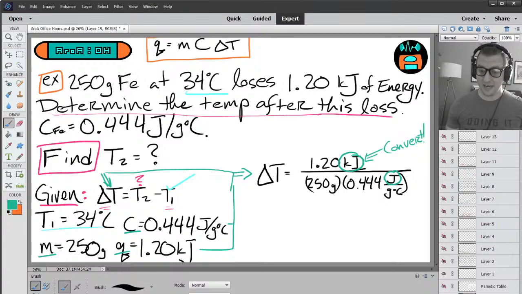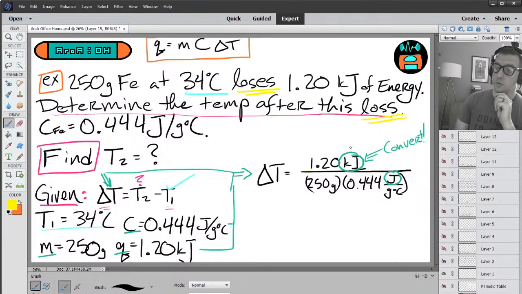The second mistake I've made is with Q. Specifically, the fact that this metal has lost 1.20 kilojoules of energy.